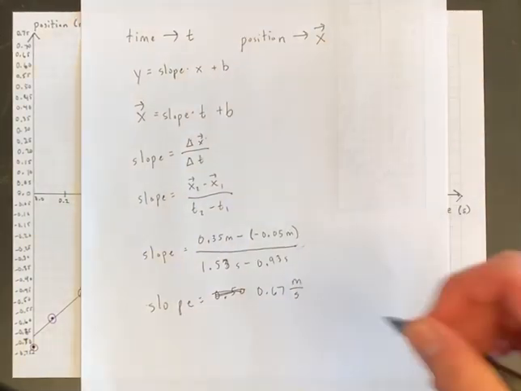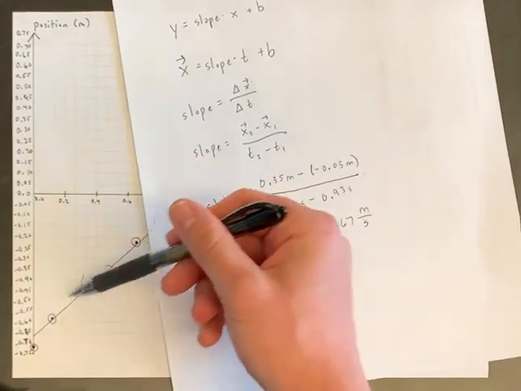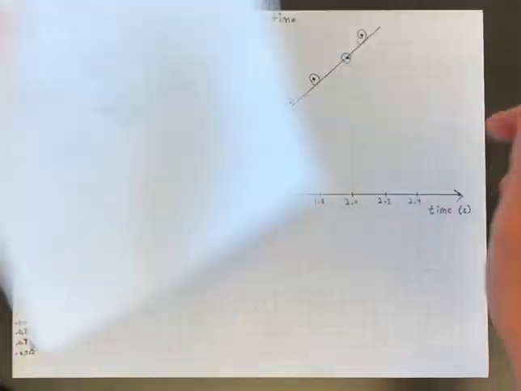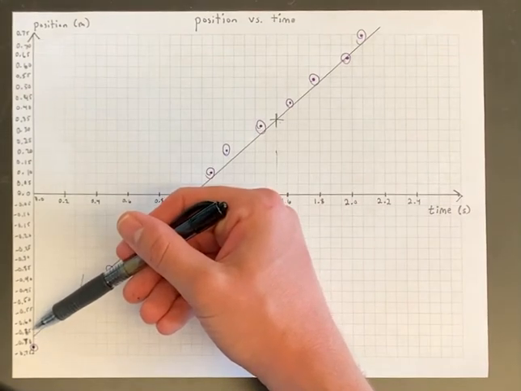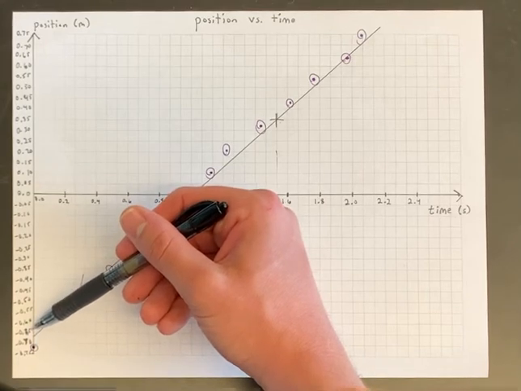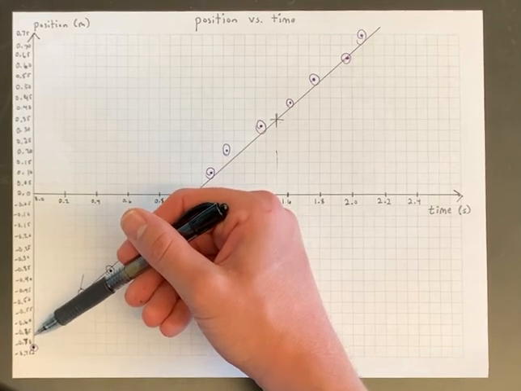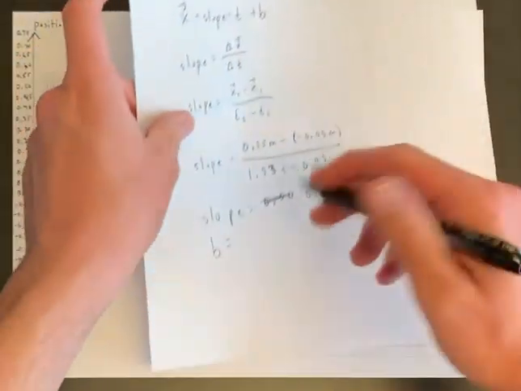From here, I can identify what number value my y-intercept is. I go on my graph and I notice that this line hits the y-axis between negative 0.65 and negative 0.70, and it's closer to the negative 0.65 end of the spectrum here, so I'm going to call that negative 0.67.